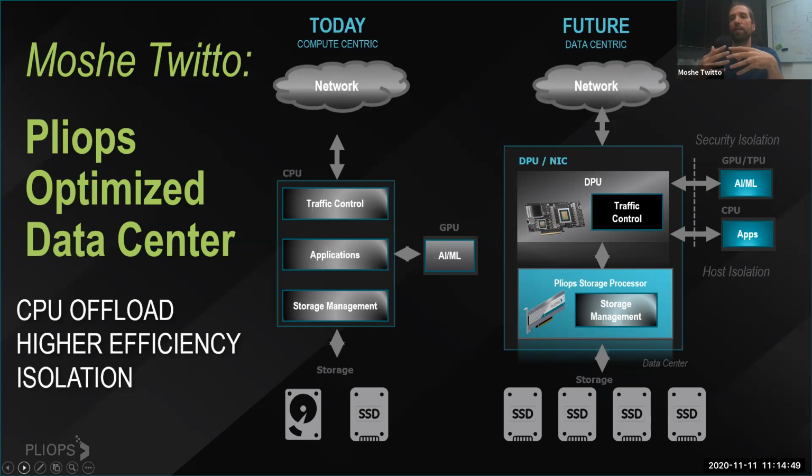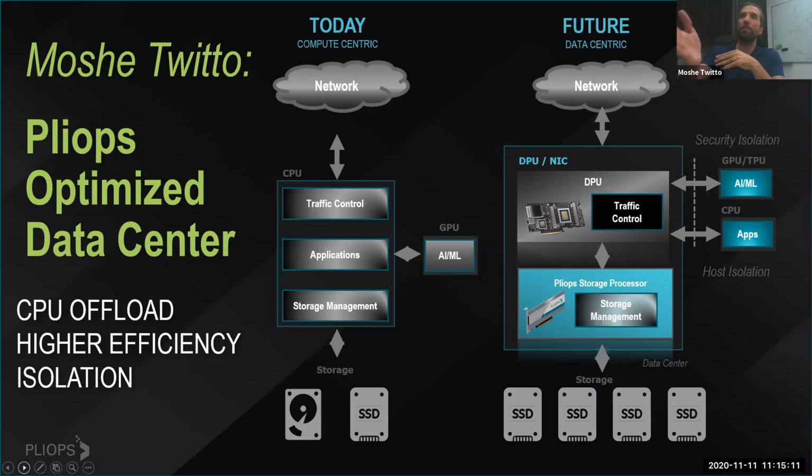By offloading all the data protection, the storage engine, compression, and encryption into hardware, we can be matched with a DPU and have a CPU-less storage node that improves cost and performance.